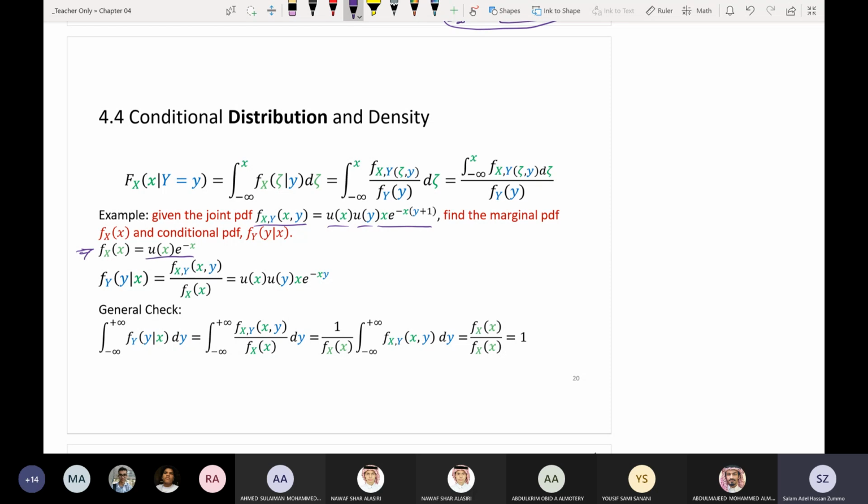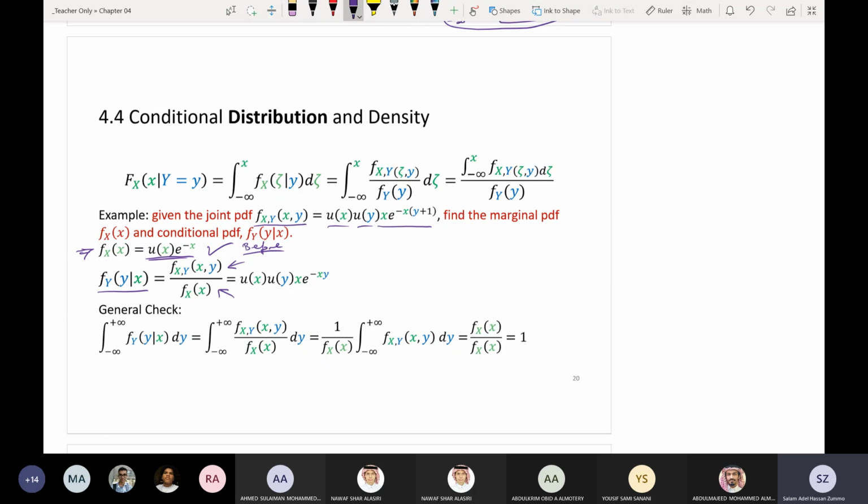We have found it before. Fx of x, we have done it before, so check the slides before that. And now we are interested in the conditional PDF of y given x. Conditional PDF of y given x, as we have already explained, is the joint PDF divided by the marginal PDF of x.